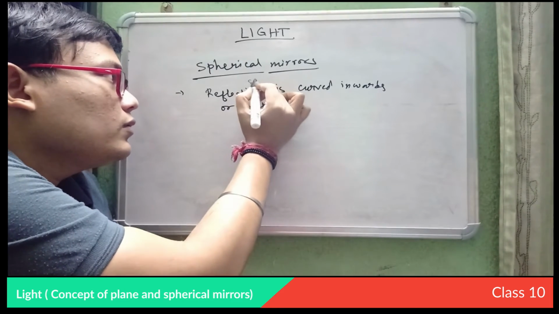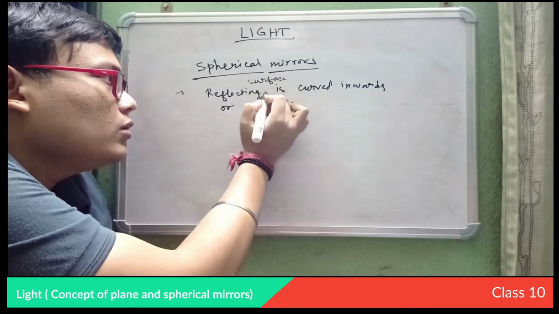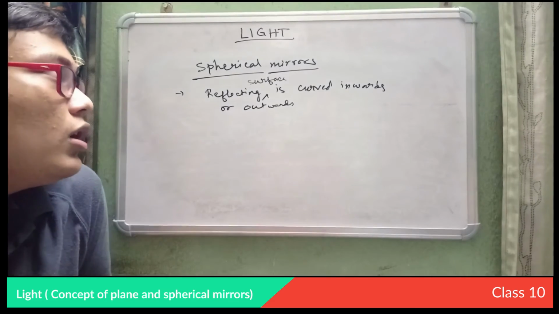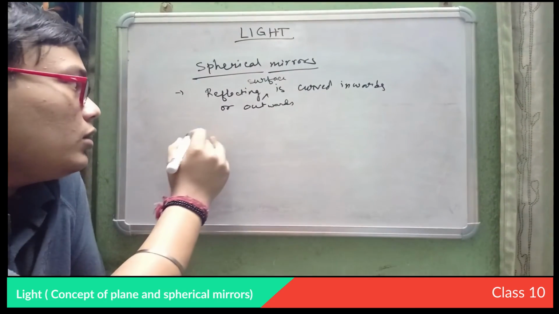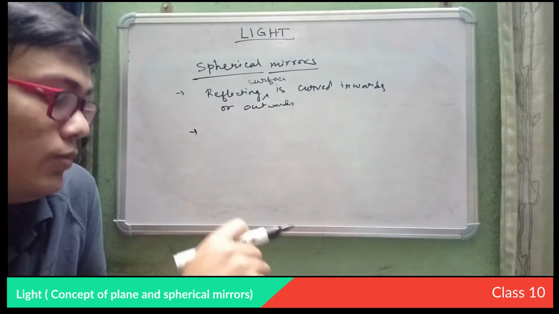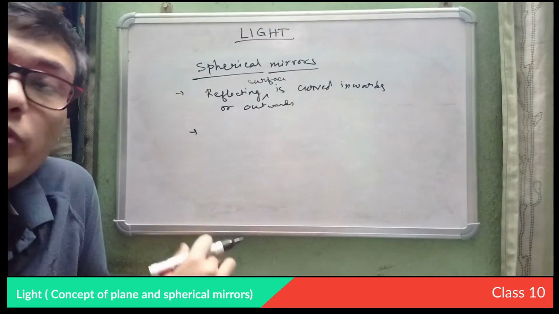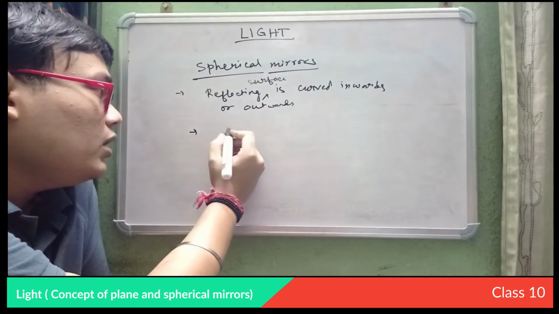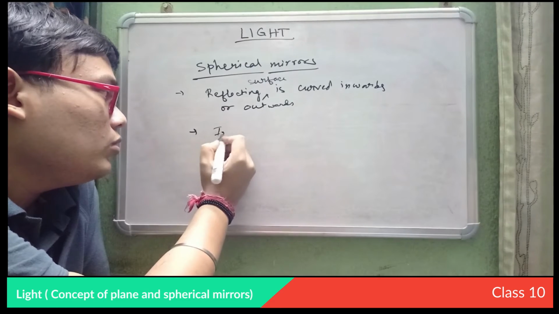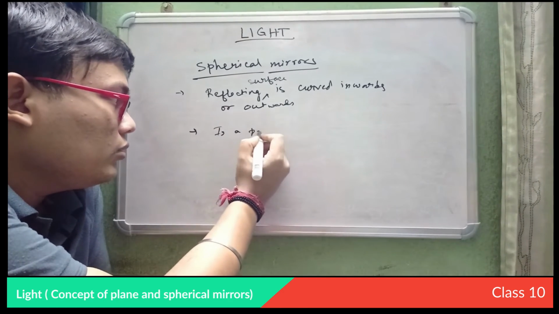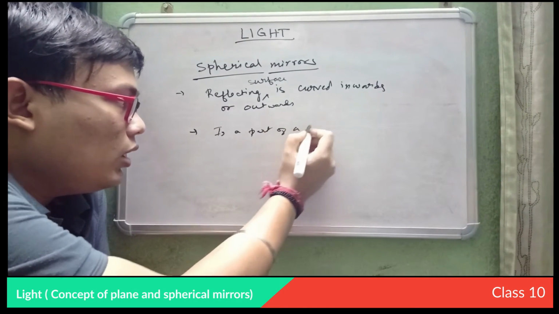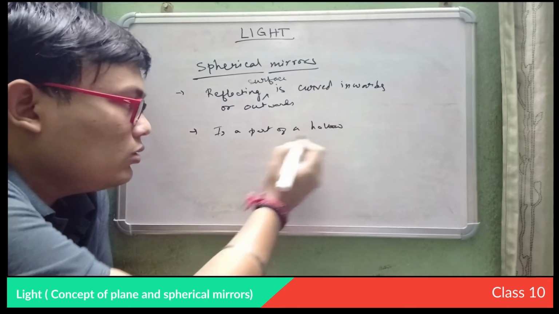Another property of a spherical mirror is that a spherical mirror is a part of a hollow sphere.